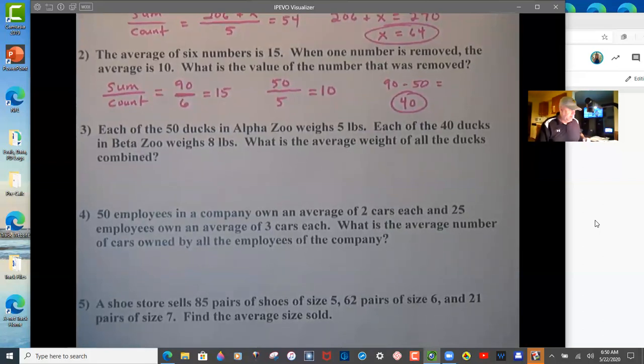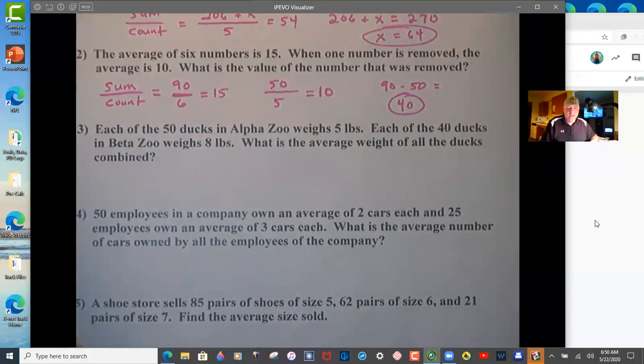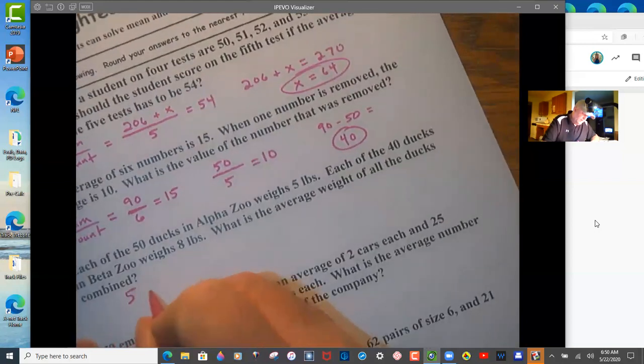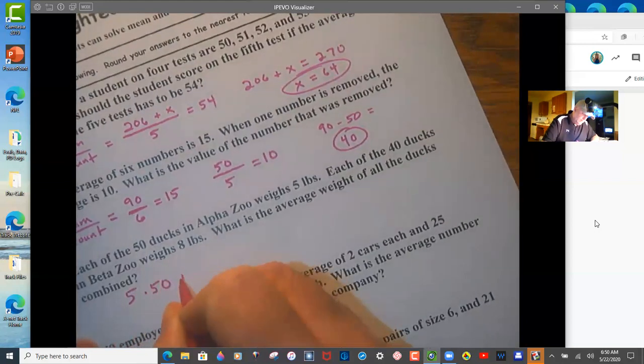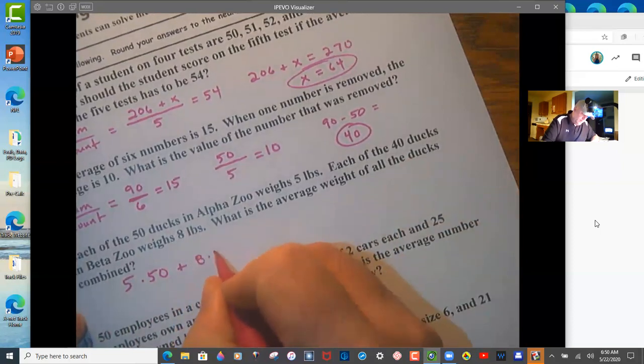So you have to think about what's the data that you're weighing. So the data that we're weighing here is the weight. Okay, so 5 pounds gets a weight of 50, and 8 pounds gets a weight of 40.